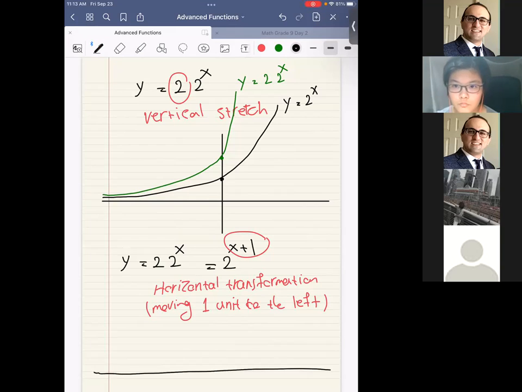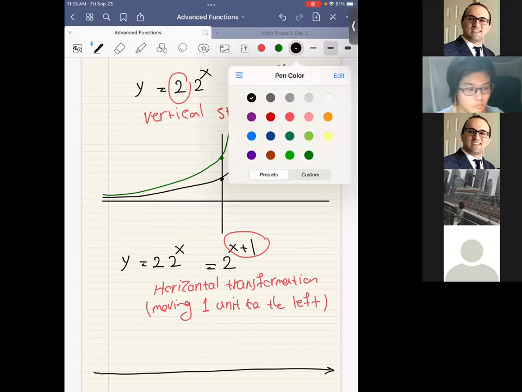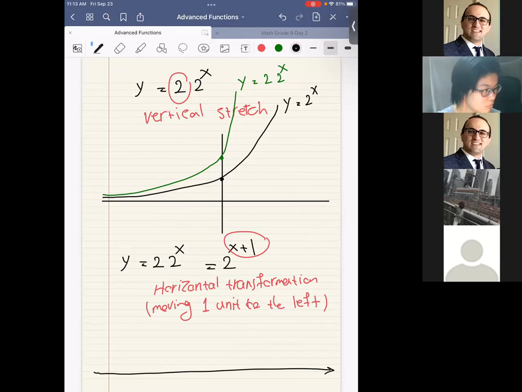This is your graph. I first draw the 2 to the power x. As we see, it grows faster.